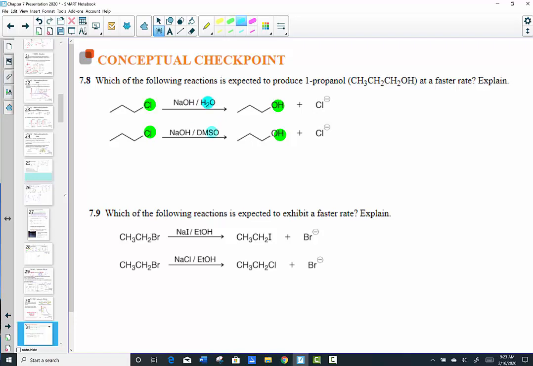Here's the difference: DMSO versus water. Which one is going to promote the kinetics of SN2 faster? Well, we just said we need an aprotic solvent. This occurs at a faster rate than if you had a protonated solvent.